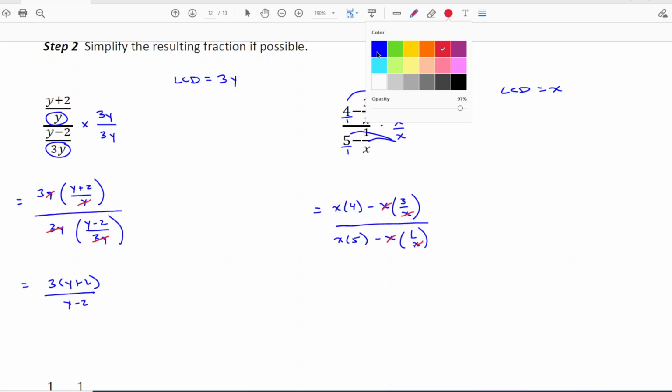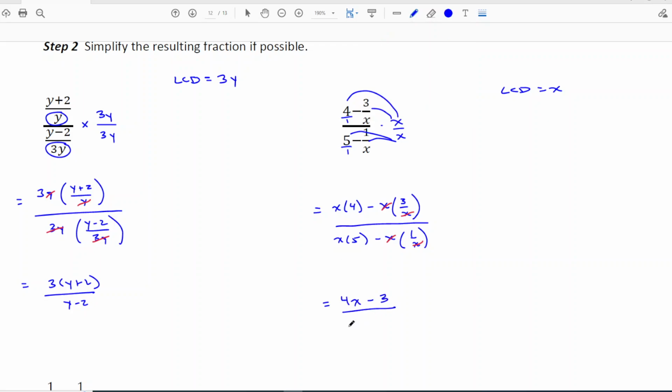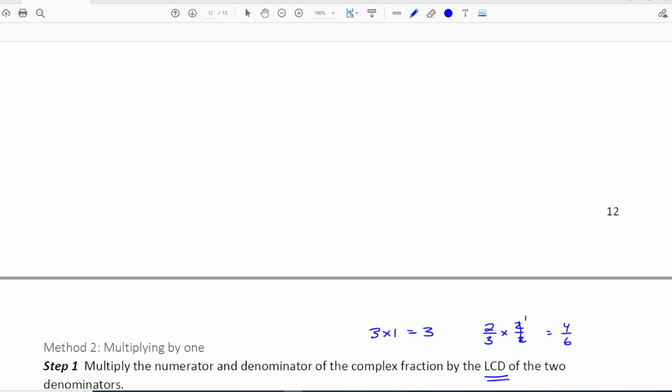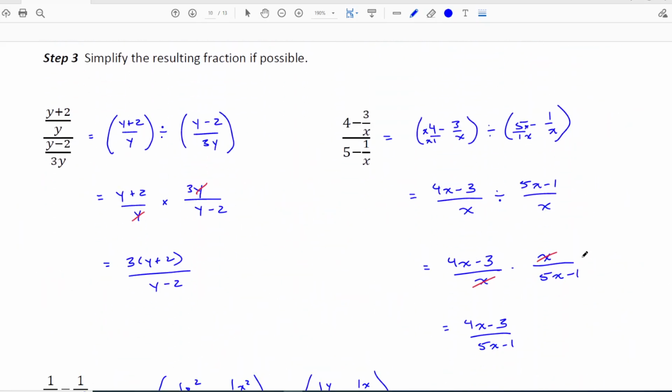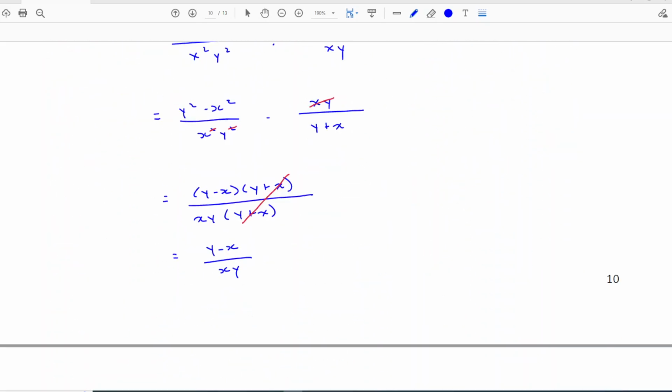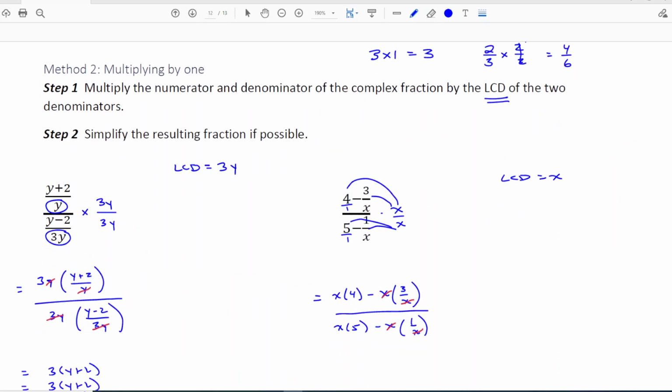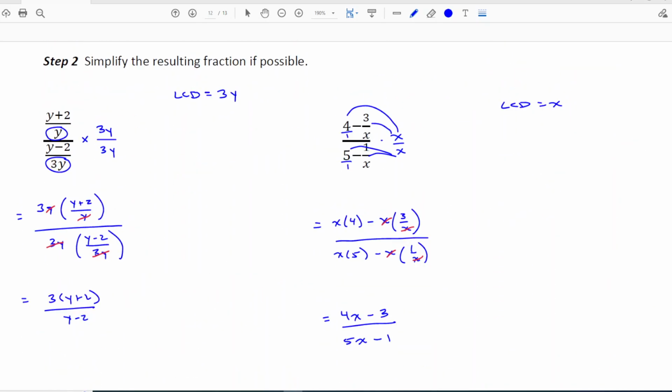So then I'm left with 4x minus 3 over 5x minus 1. And if you look at how much work method 1 was, we had to create a common denominator, then flip and multiply and simplify and all the things, but we get to the same answer, 4x minus 3 over 5x minus 1. Easy peasy.